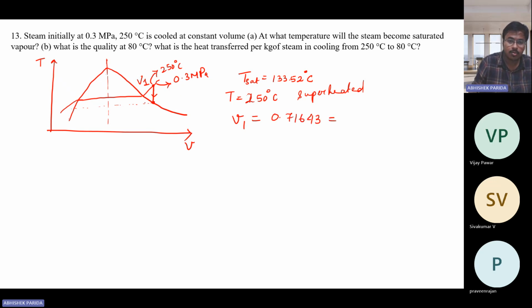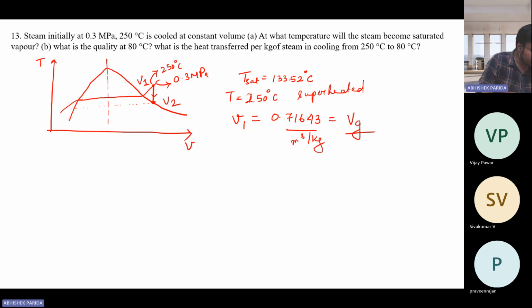This is also equal to V2. So check from the table where the Vg is somewhat near to 0.71643 meter cube per kg.